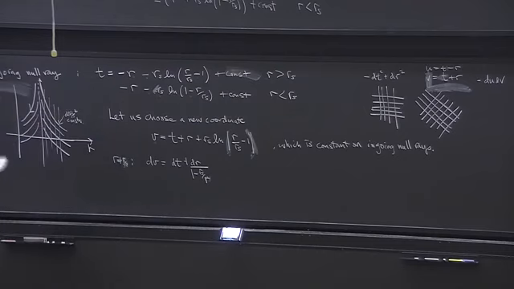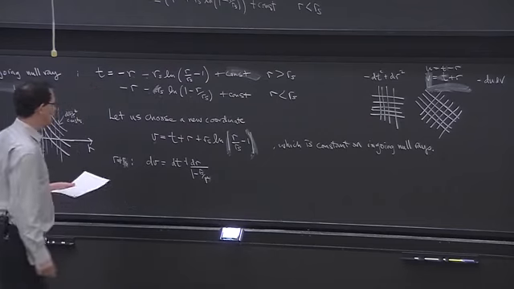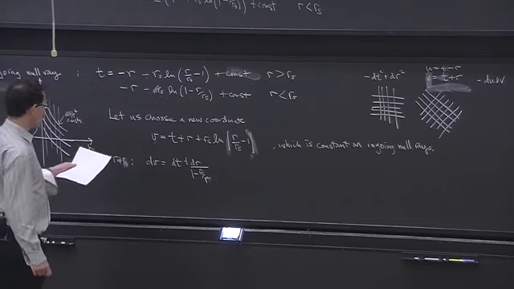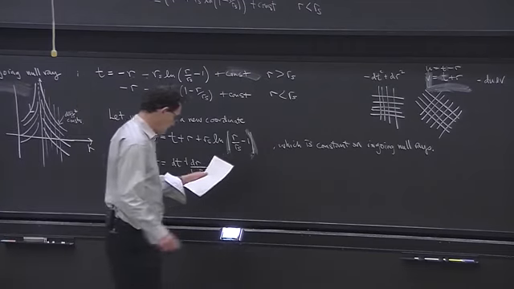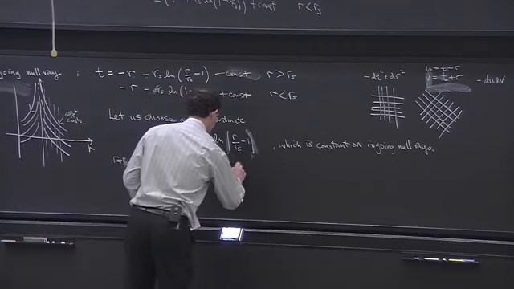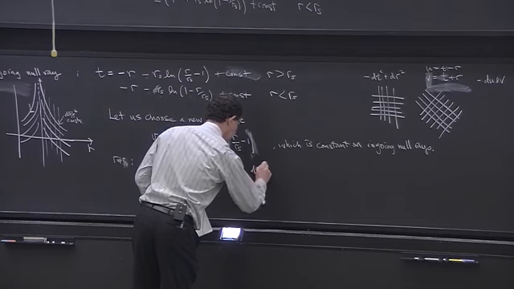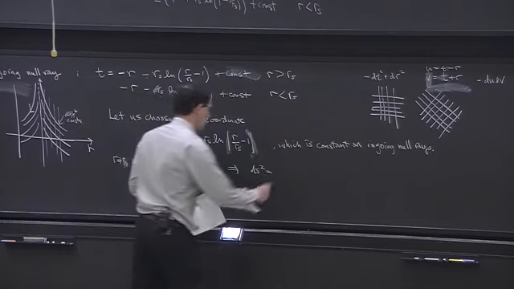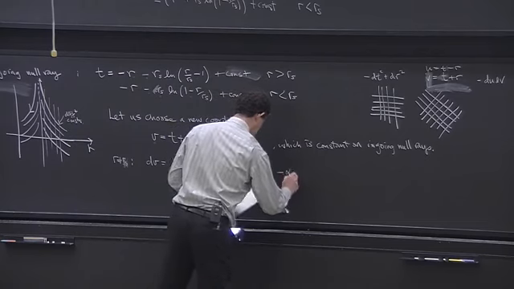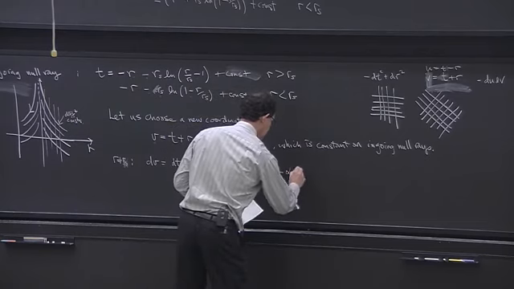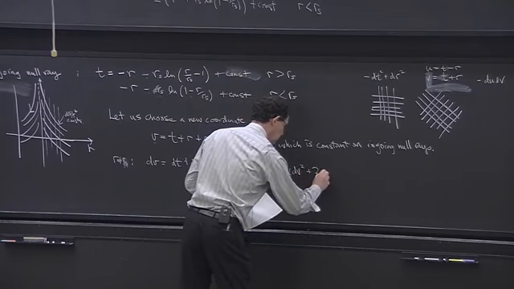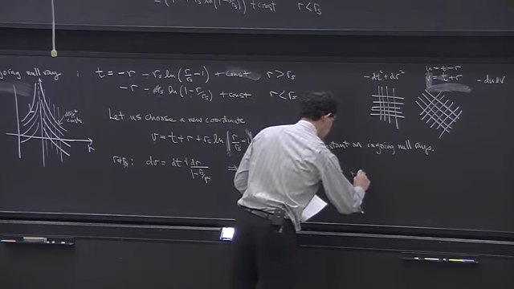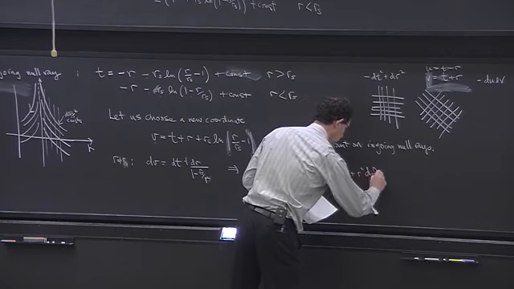And the modulus sign or any other ugliness has gone away. And so now I can just rewrite the Schwarzschild metric in the new coordinates. And so ds squared, using v and r as the coordinates, is minus alpha dv squared plus 2 dv dr plus r squared d omega squared.